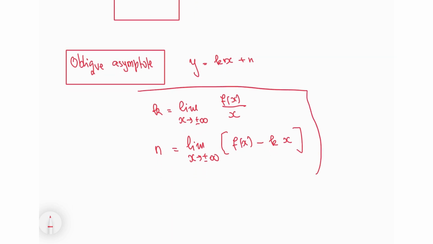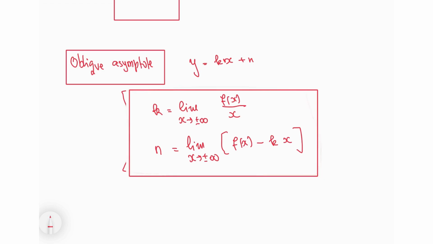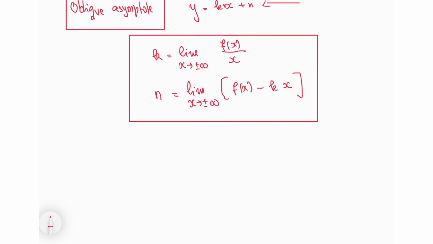So these two limits, again, you can see that limits are very important. We are going to use them to find the oblique asymptote.